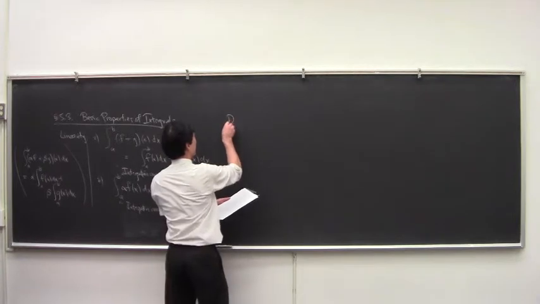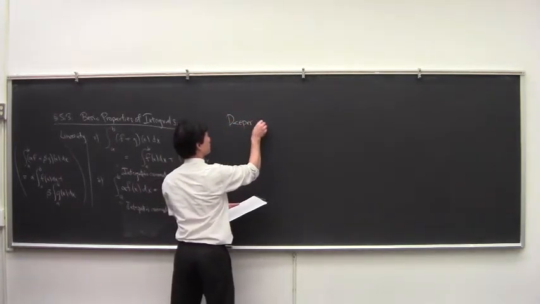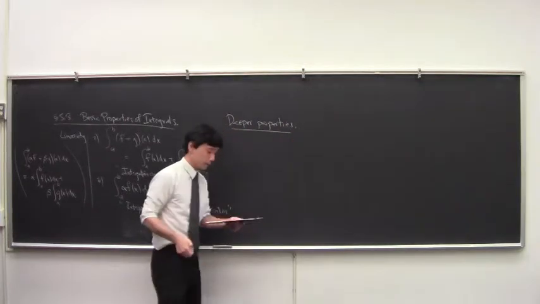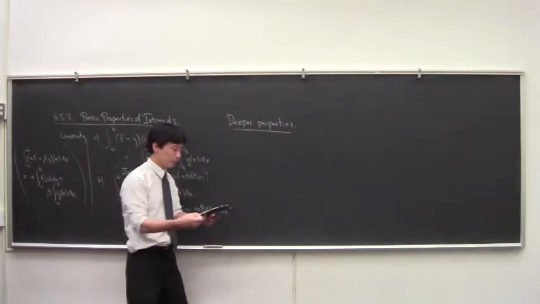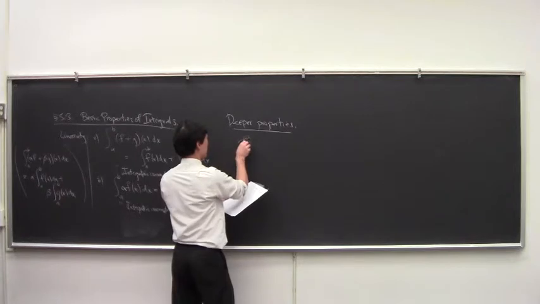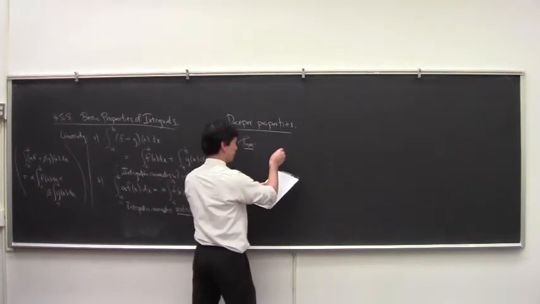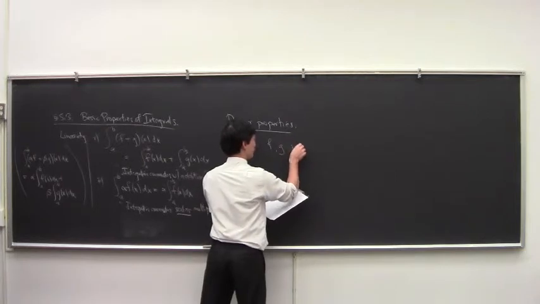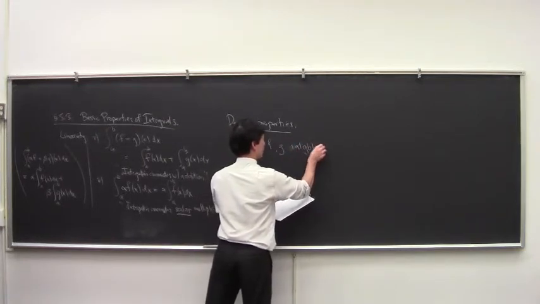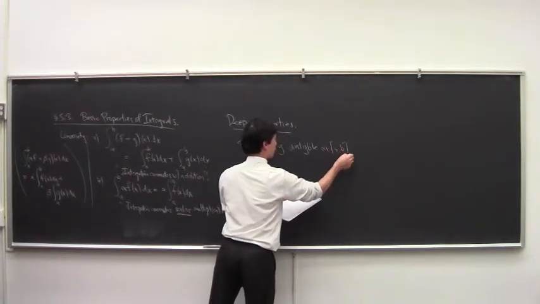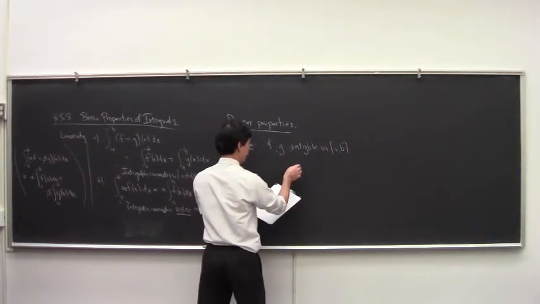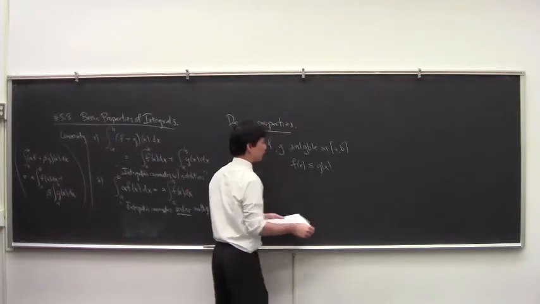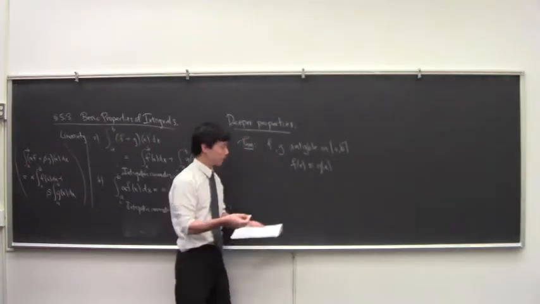Okay. So here are some deeper properties of the integral, but they're also pretty straightforward. First goes like this: if you have two functions f and g which are integrable on a, b, and you know that f of x is always less than or equal to g of x, then you can conclude something.